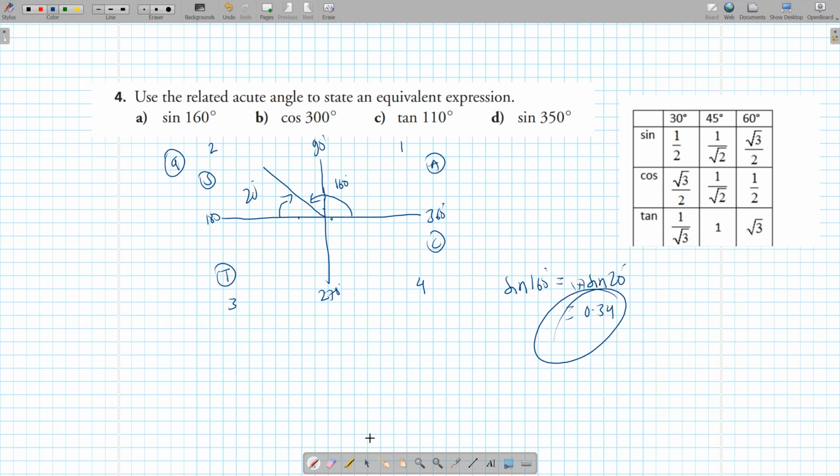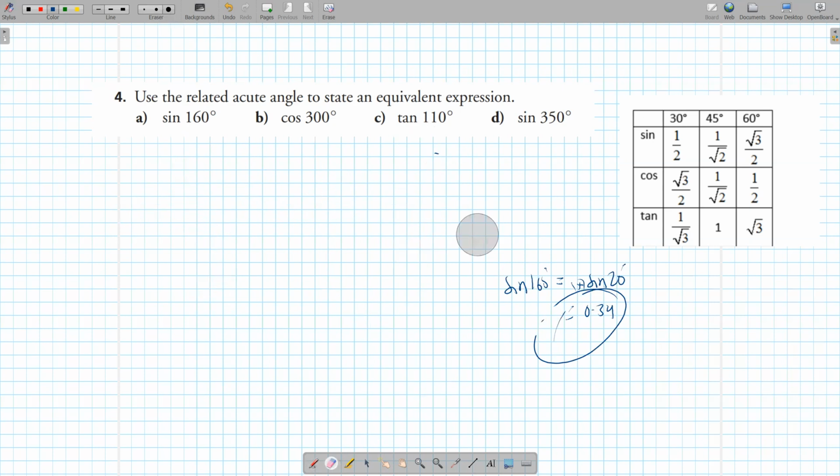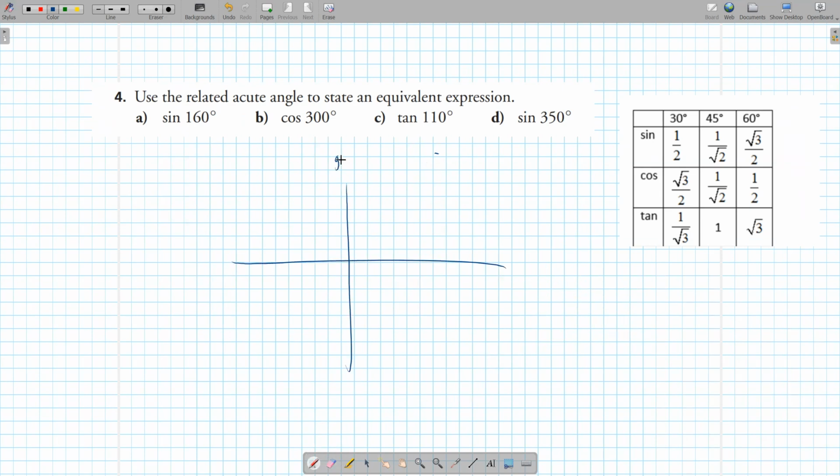Okay. Good. Let's look at B. That one uses 300 degrees. In which quadrant is 300 degrees? The fourth one. Good, it's in the fourth one. So our principal angle is 300.